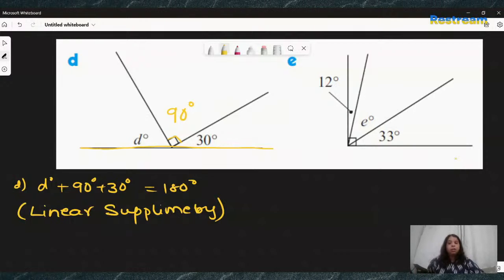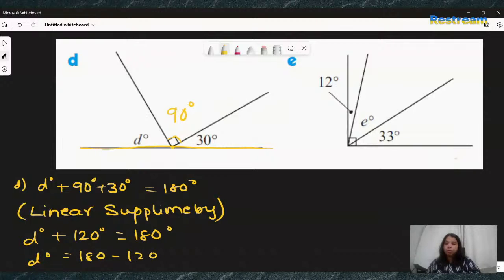They are on one line and they are starting on the same point. So angle D plus 120 degrees is equal to 180 degrees. So angle D is equal to 180 minus 120, so D is equal to 60 degrees. This is your answer.